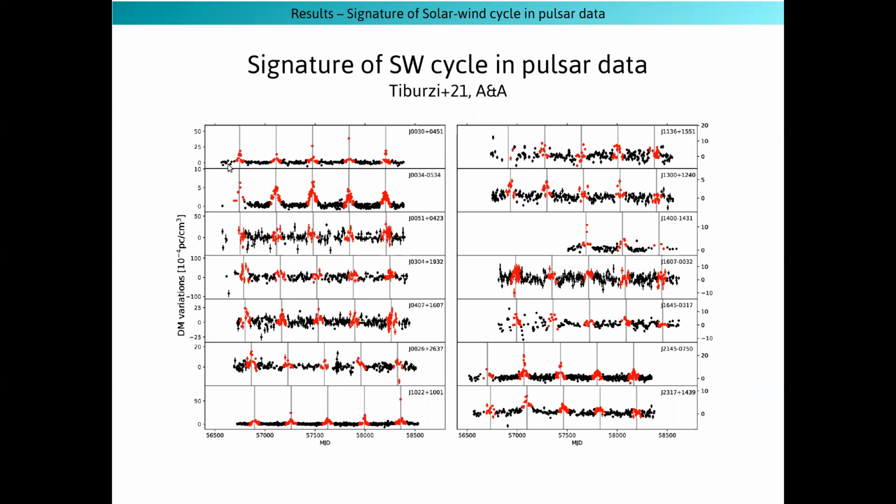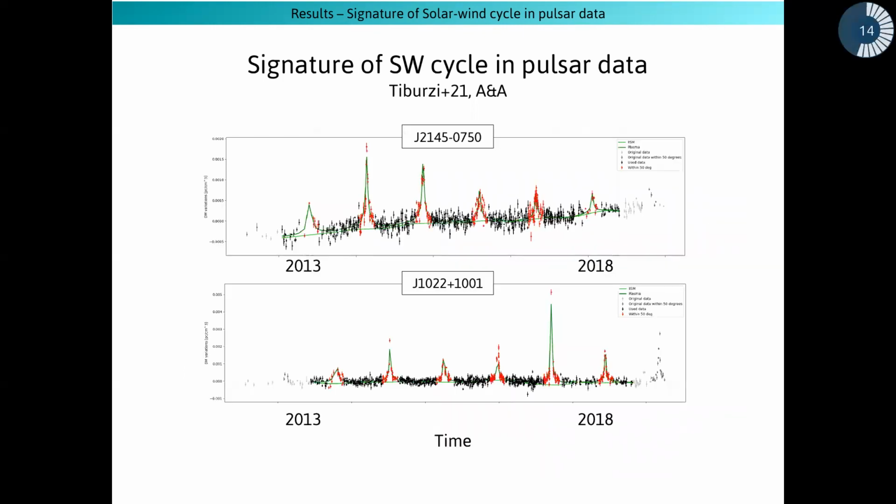Here you can see in black the DM time series of each of the pulsars, and in red the DM time series during the solar approaches. One particular feature that we detected in this study was that some pulsars, for the first time, were showing signatures of what we think is the solar cycle.